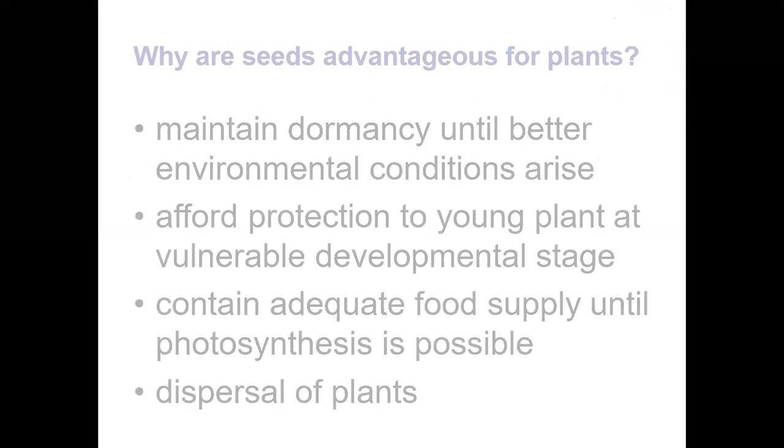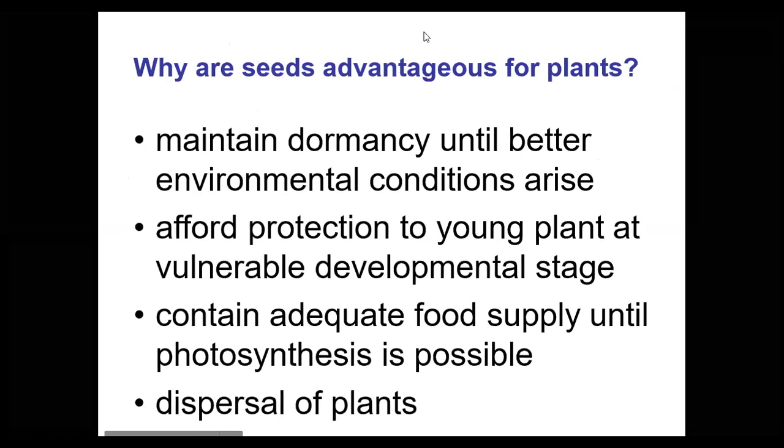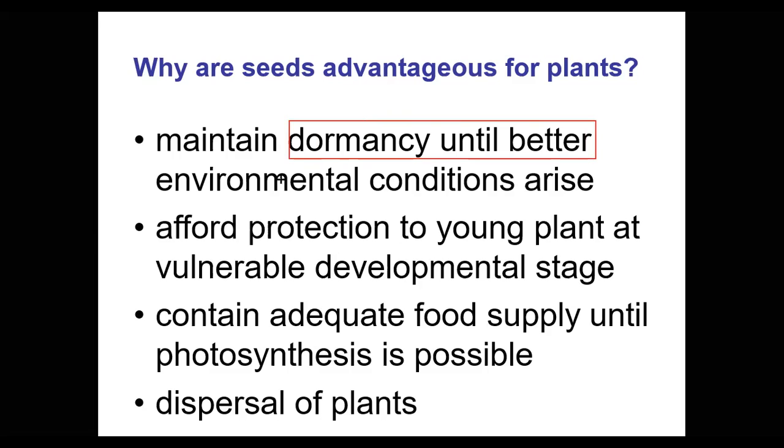Then, advantages of seeds. The advantage of seeds, mainly, is dormancy. Look here, dormancy until better environment conditions arise. Dormancy means passive state. When a suitable environment is obtained, new plants will develop from seeds.